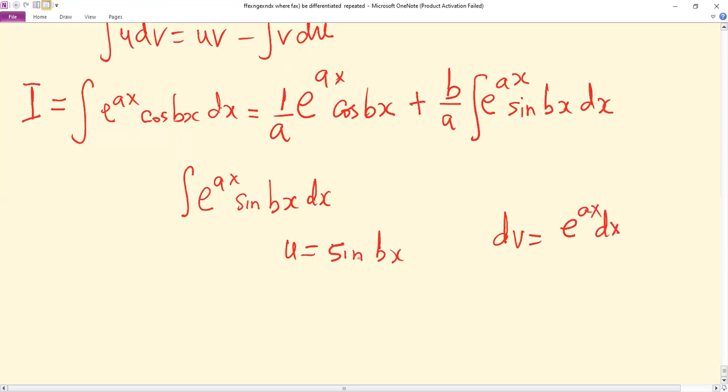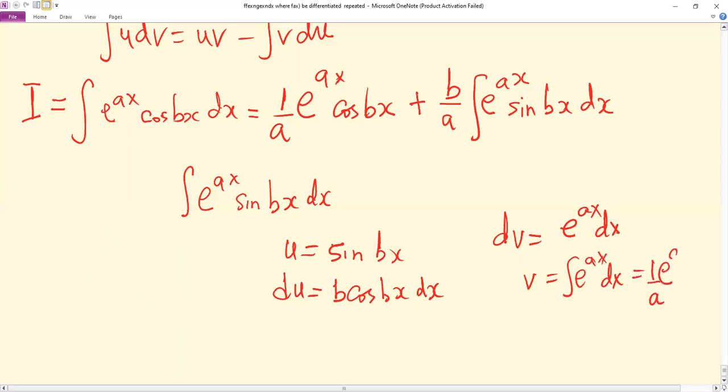Using the chain rule, du will be b cosine of bx dx. Using the substitution method, v will be the integral of e raised power ax dx, whose value will be 1 over a e raised power ax.